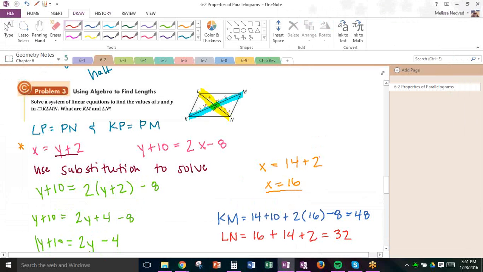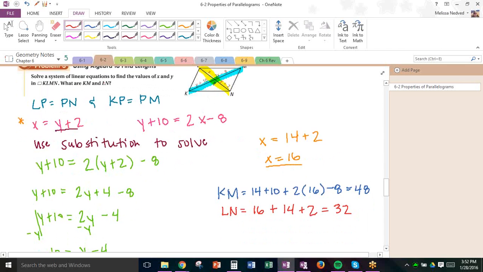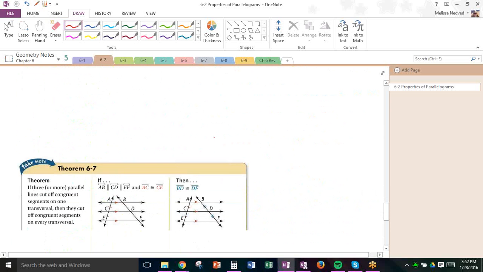So that's a little bit longer process than we're used to doing, but that whole first part was really just a refresher from Algebra 1 solving systems of equations. So when you have 2 equations and 2 variables, make sure that you use that process to solve for each variable, plug it back in to find the other variable, and then always make sure you're answering what they're asking for. In this case, it was finding the lengths of each diagonal.